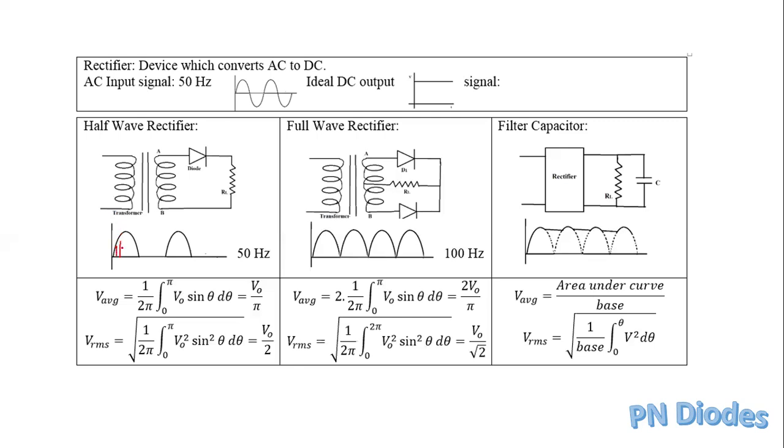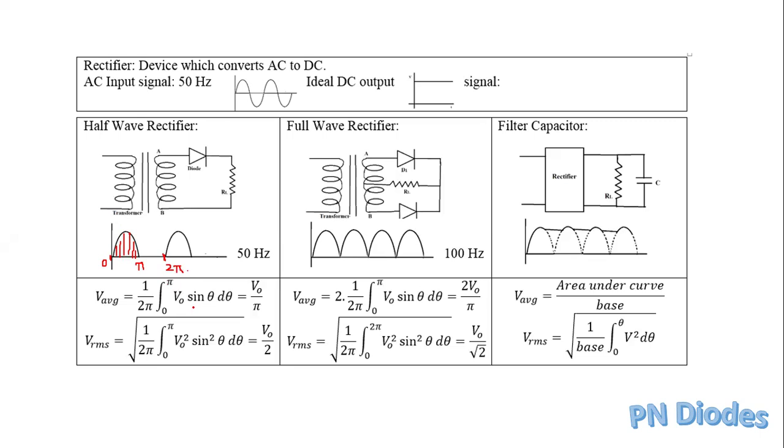I want this area, but of course I don't want the sinusoidal part which is coming over here. So it's going to be 0 to pi. But then we want the average over one full cycle, which means it should be 2 pi here.